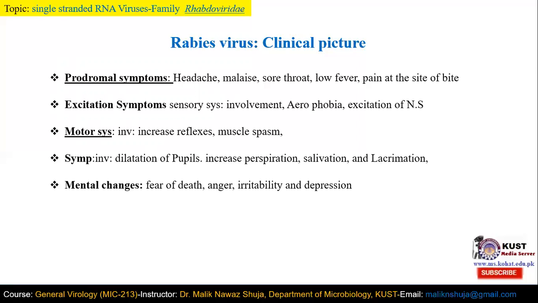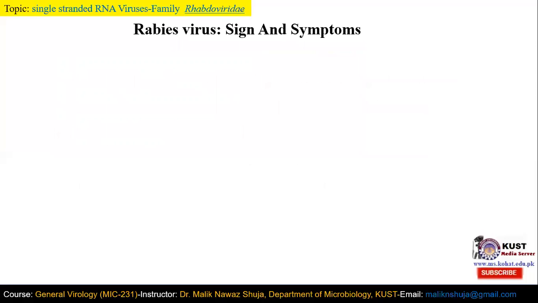Mental changes are also associated with this disease, for example fear of death, anger, irritability, and depression. These are the common symptoms which cause mental distortion. Every virus has its own signs and symptoms.